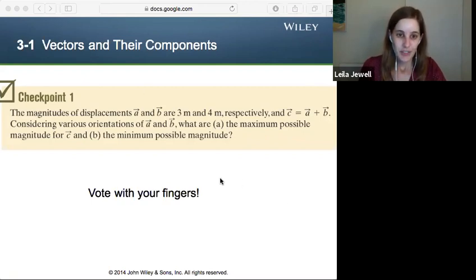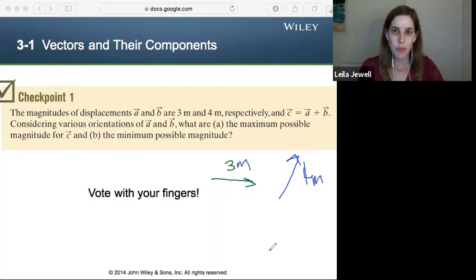All right, so we have A and B, and A we know is 3, and then B is 4 meters. So if we want to find the maximum possible magnitude, as we're thinking about these two vectors, how can we arrange them considering various orientations?